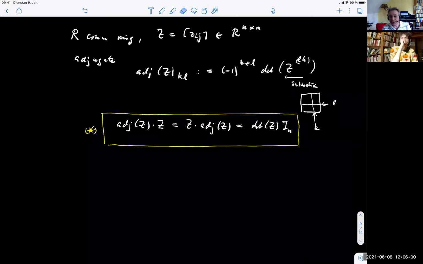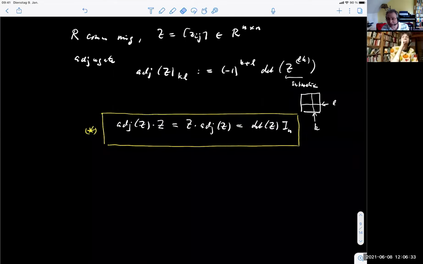Let me recall, if you have matrices over a field, and if the matrix is invertible, then this expresses Cramer's formula for the inverse of a matrix. So this shows the adjugate divided by the determinant of the matrix gives the inverse. But the point is, if I write it this way, it also makes sense if the matrix is not invertible.